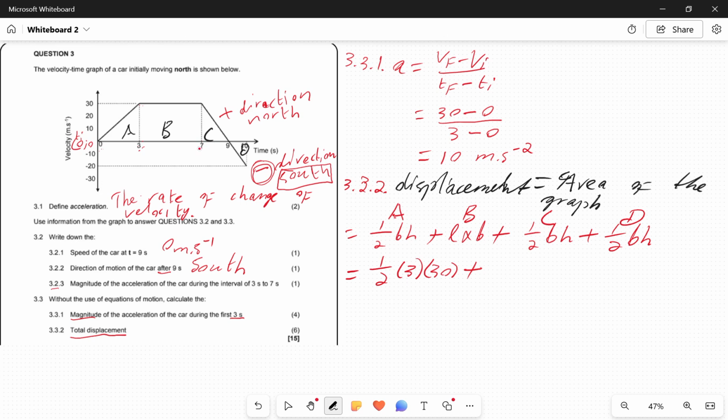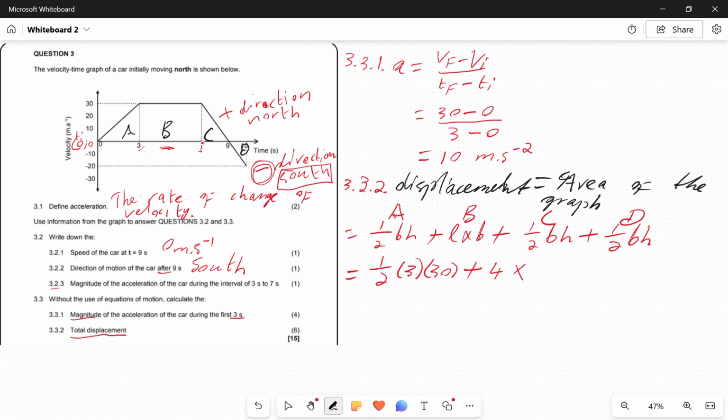So I ask myself, what is 7 minus 3, just to find out what the gap is. The answer is 4, multiplied by the breadth. This is vice versa, guys. The breadth is supposed to be 4 and the length is supposed to be 30, but because we'll get the same answer, it won't matter.